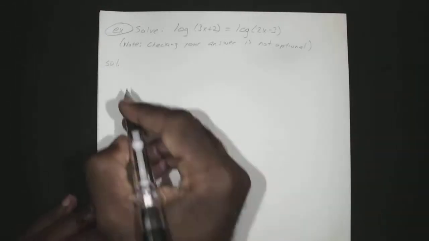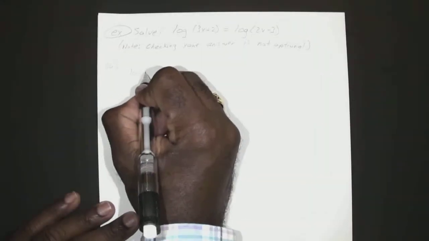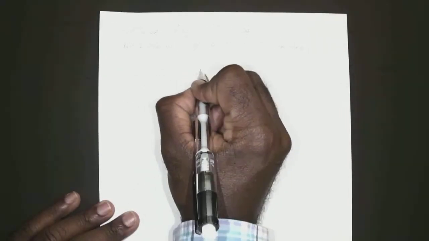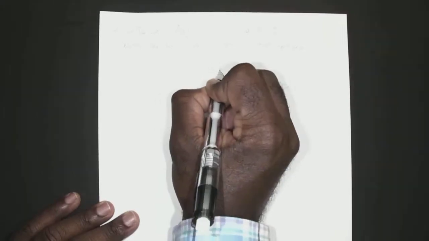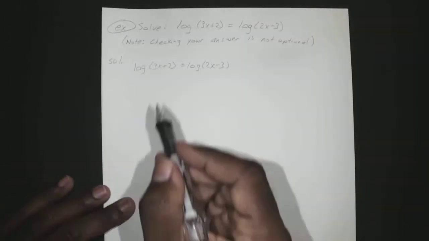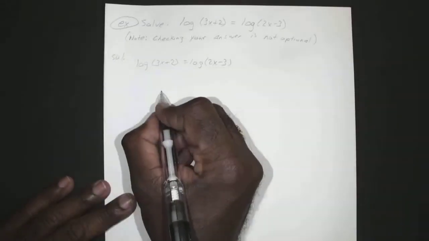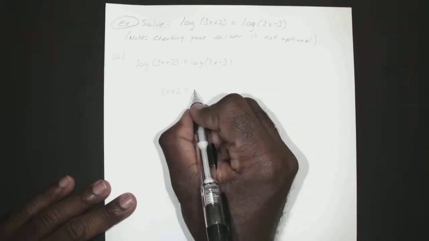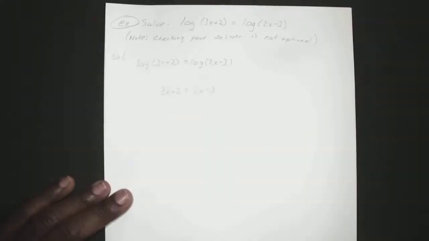Okay, so we know that log of 3x plus 2 equals log of 2x minus 3. They're both same base, both log functions, so that means 3x plus 2 has to equal 2x minus 3, just for that to be true.